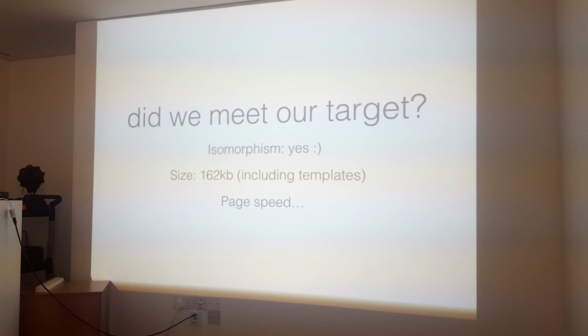And in terms of page speed, take it with a grain of salt, because this measurement was taken before we actually stuck in all the Google tag things and everything to trace your user.